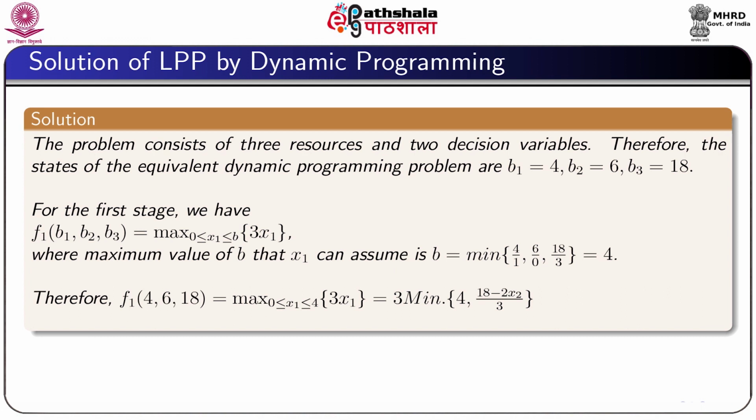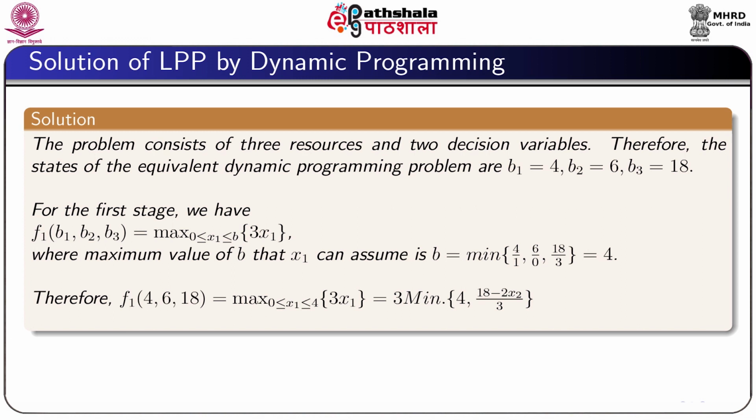So, we will consider the maximum of 3 x 1, where 0 is less than or equal to x 1 less than or equal to b, and the maximum value of b that x 1 can assume is the minimum of 4 by 1, 6 by 0 and 18 by 3, which is equal to 4. Therefore, f 1 of 4, 6, 18 is equal to the maximum of 3 x 1.